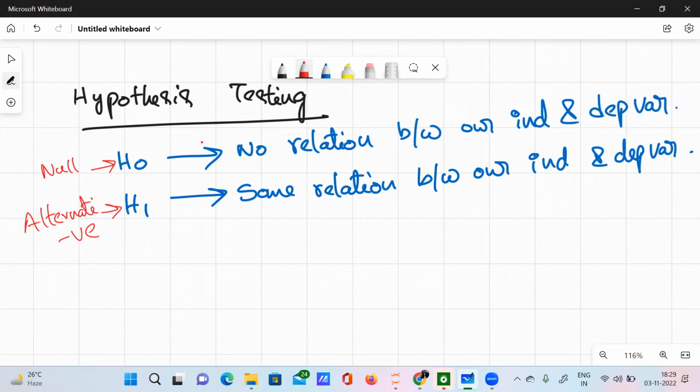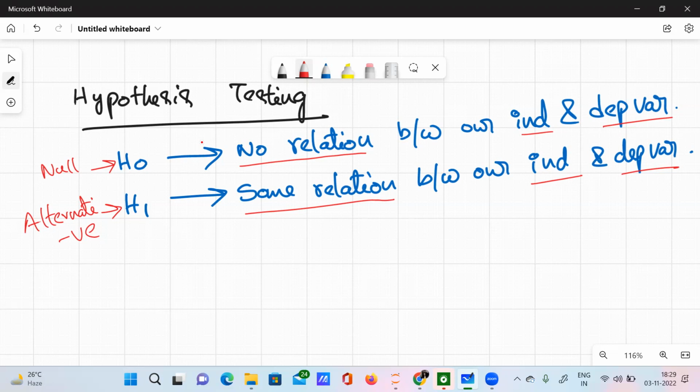Here, the null hypothesis is saying that there is no relation between our independent and dependent variable. And our alternative hypothesis is saying there is some kind of relation between them. Imagine that this entire platform is a court, and we are the lawyers here.